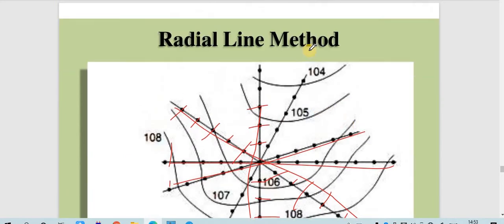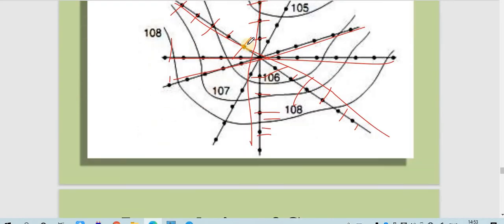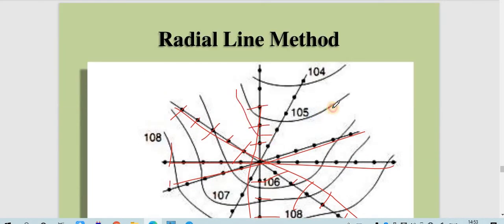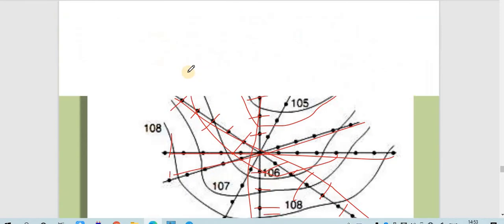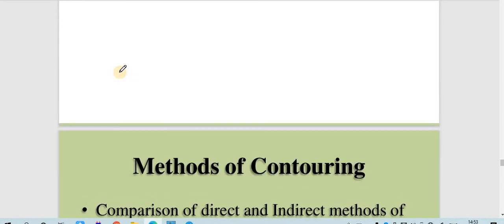Similarly for this cross section also we have to find out the reduced level at regular intervals. Now with the help of interpolation you will have to find out the reduced level of different points. So in this way also you can do your contouring with the help of your cross section method.